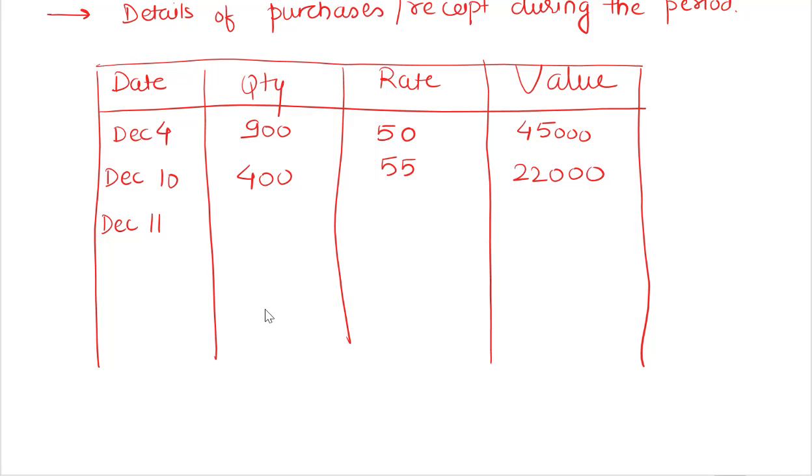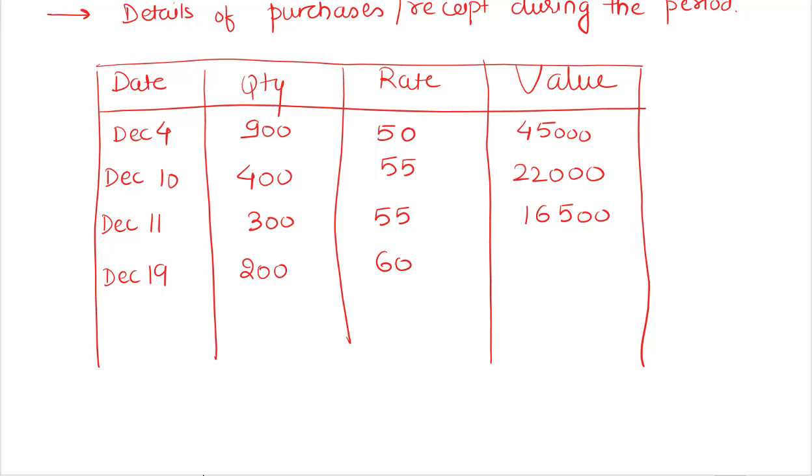December 11, quantity is 300, rate is 55. So 300 multiplied by 55 is 16,500. Is it clear till here? December 19, 200 units.